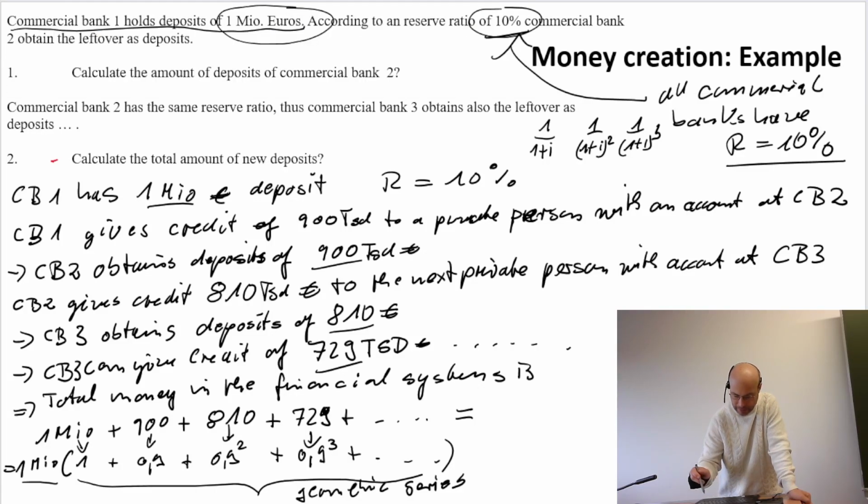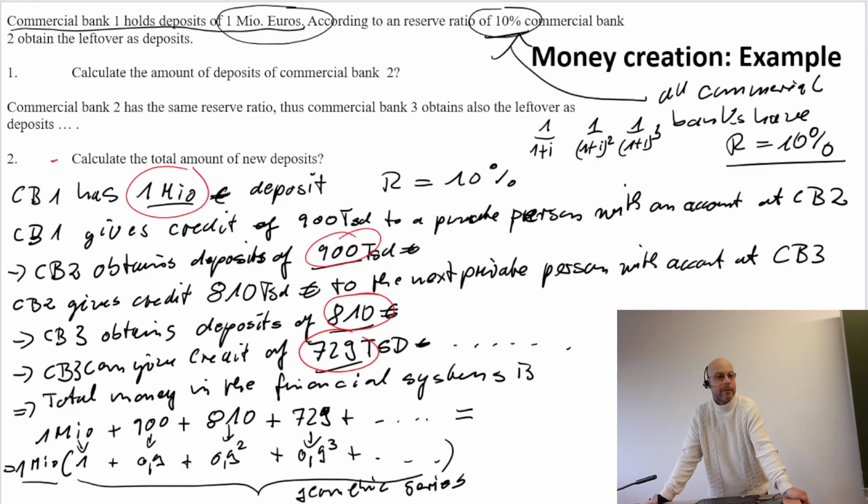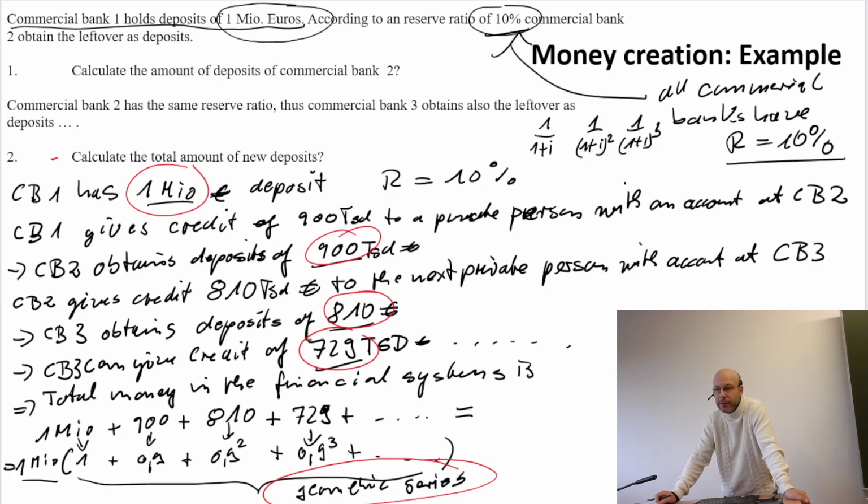And if we add up all these numbers, 900, 810, 729, then of course we have to add up an infinite number of euros. But since this is the so-called geometric series, this is more or less just a growth process, as you should have seen it many times.